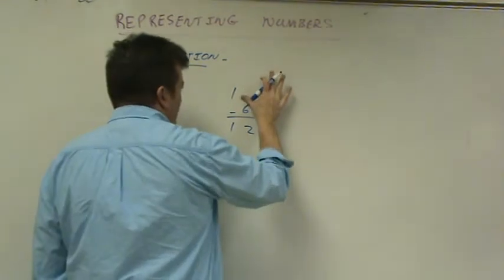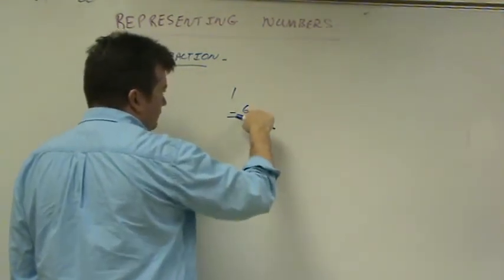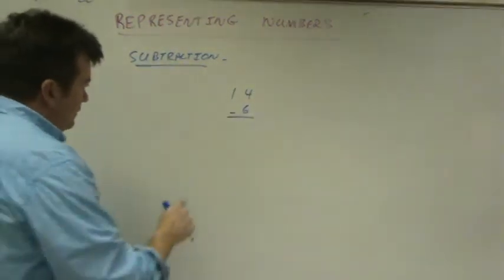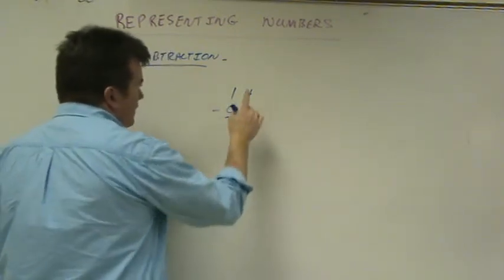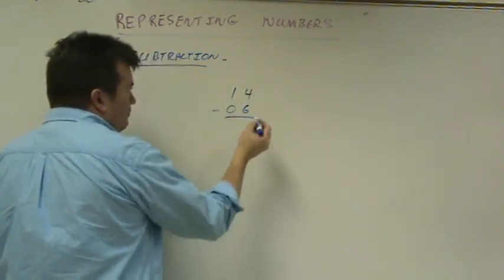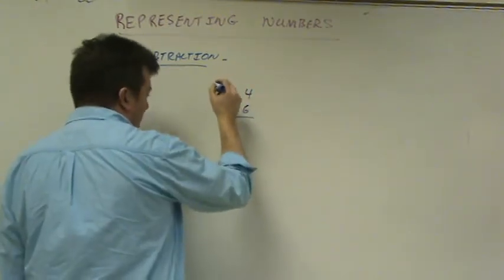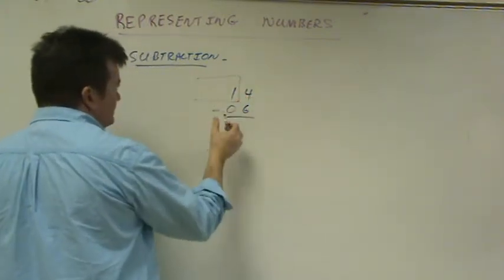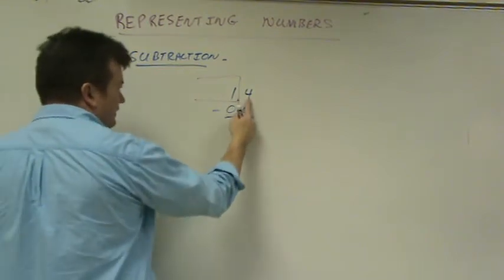So the only case we have to worry about is when what's up here isn't enough for what we're subtracting here. So let's do 14 minus 6. In the decimal world, what we do is we borrow from the next column.